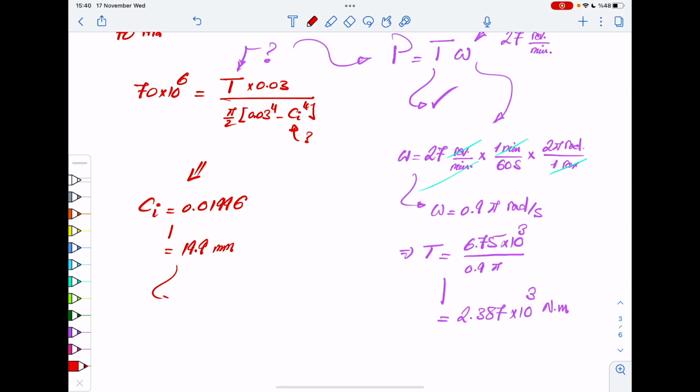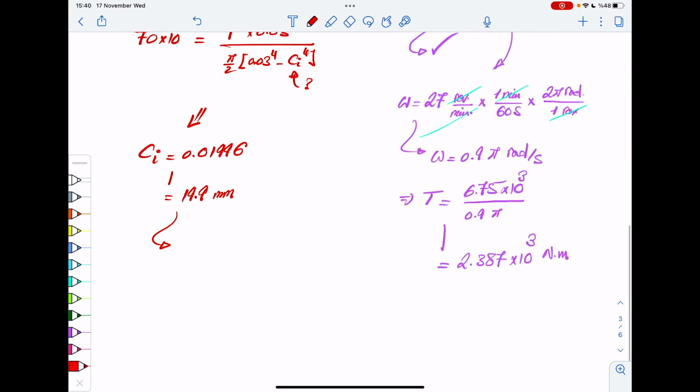And then if you want to calculate D, the diameter, it's 2 times CI, and that would be almost 39.9 millimeters.